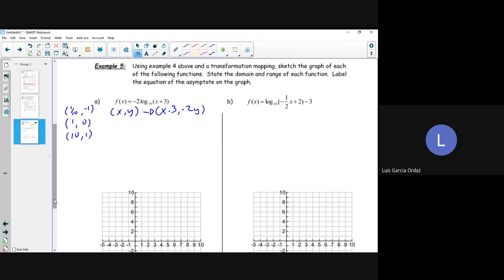So we're going to write our points, 1/10 and negative 1, 1 and 0, and 10 and 1. Using mapping notation, what does the original point 1/10 and negative 1 turn into?